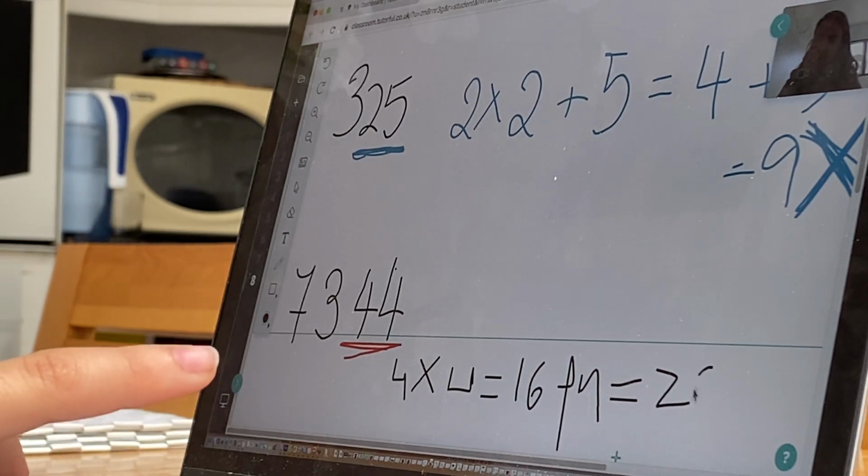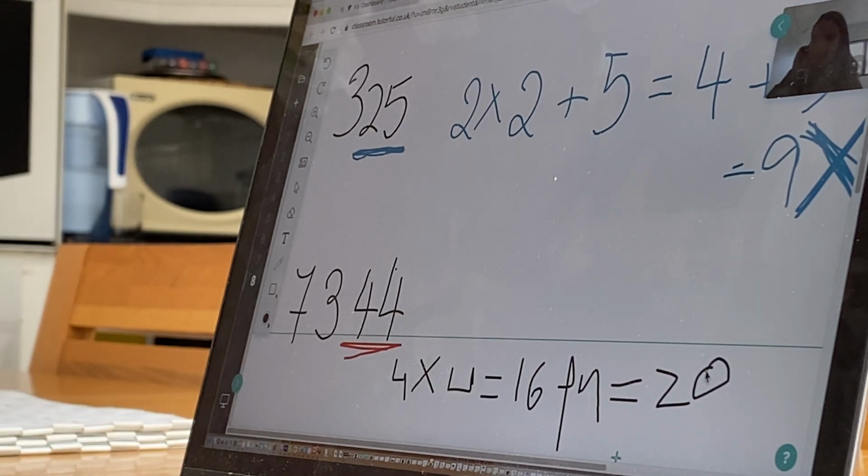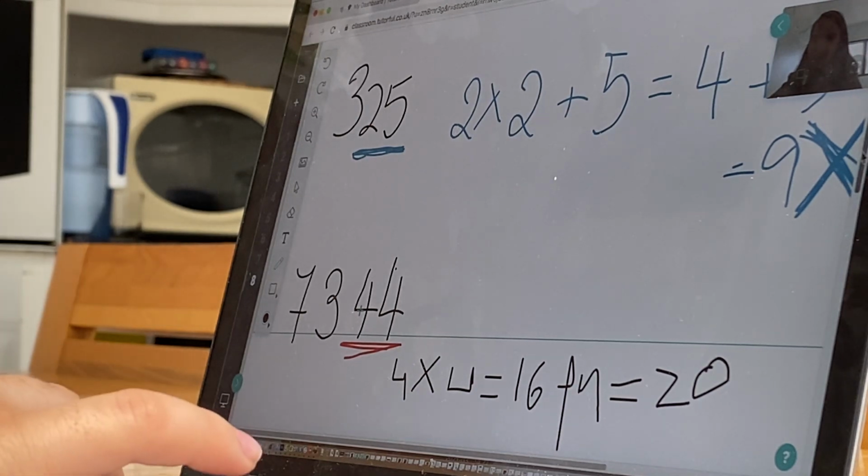So 20 is divisible by 4, so 44 is divisible by 4. What about this number here, 7,344? Is that divisible by 4?